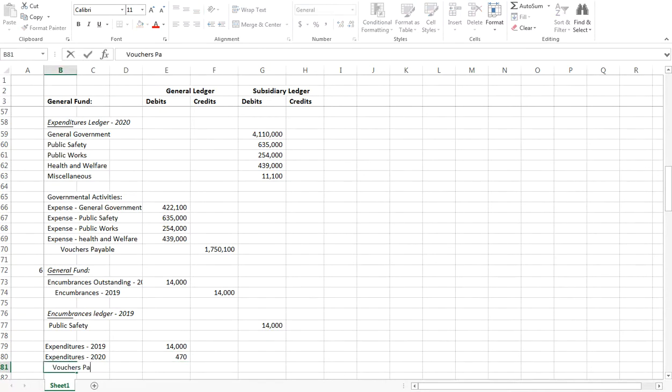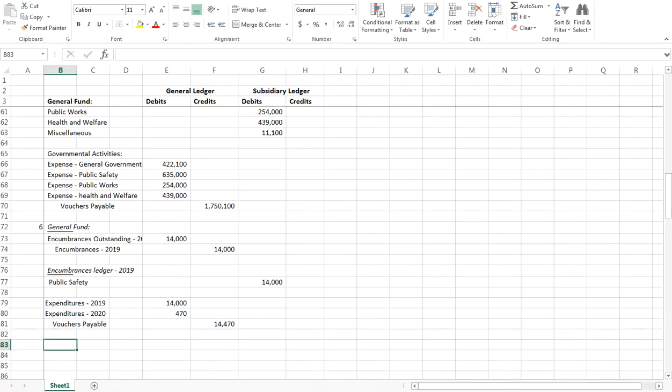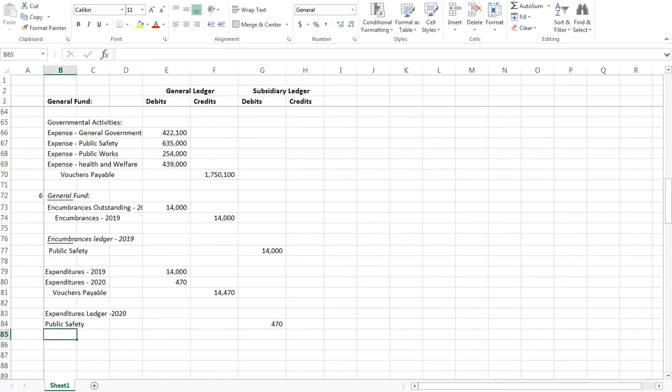So then we have vouchers payable, $14,470. In the expenditures ledger, 2020, we have public safety, $470.